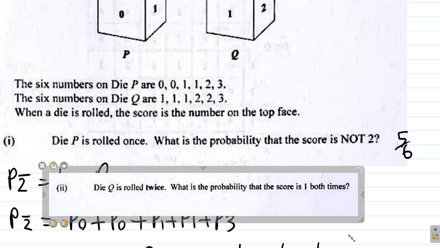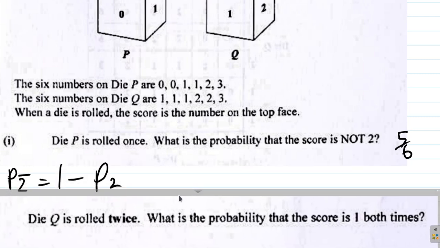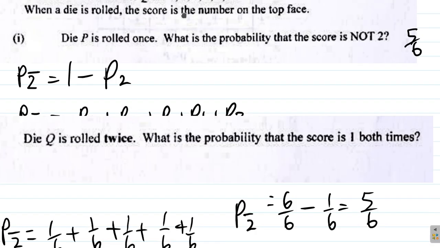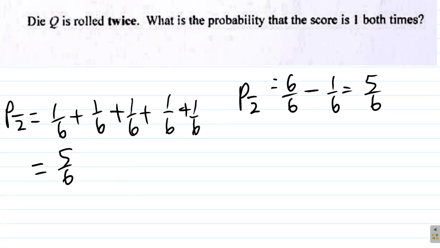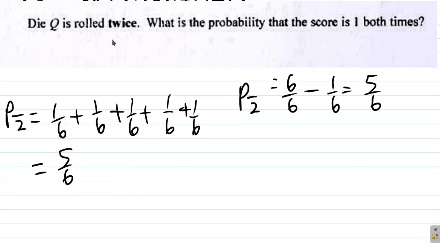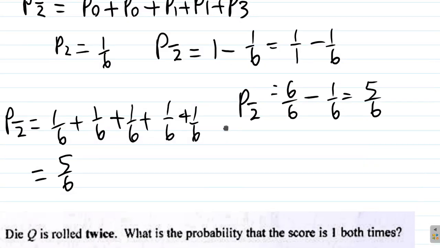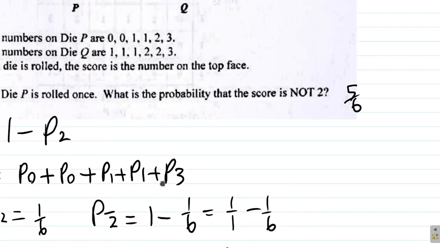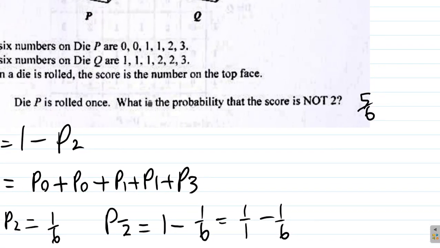Now, die Q is rolled twice. Probability that it is 1 both times. Let me just bring it down a bit more. This is die Q, rolled twice.